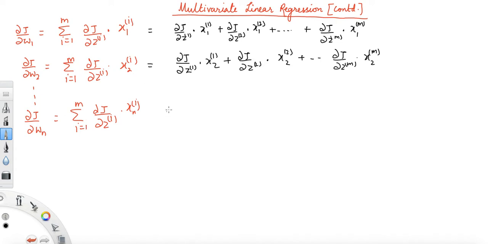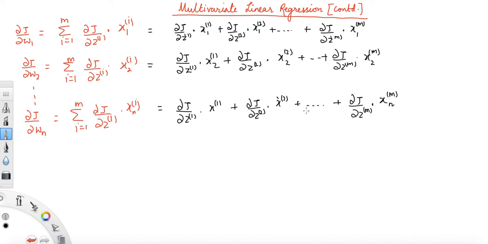And now if we expand this one, we'll be getting del z over del z1 times x1 plus del z over del z2 times x2. I know it's boring to write all those equations, but I'm showing you something here, and it becomes del z over del zm times xm here, and the subscript is n.